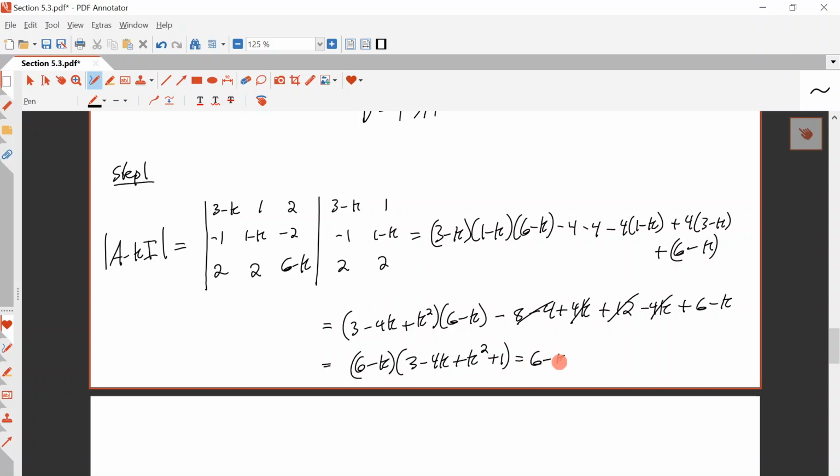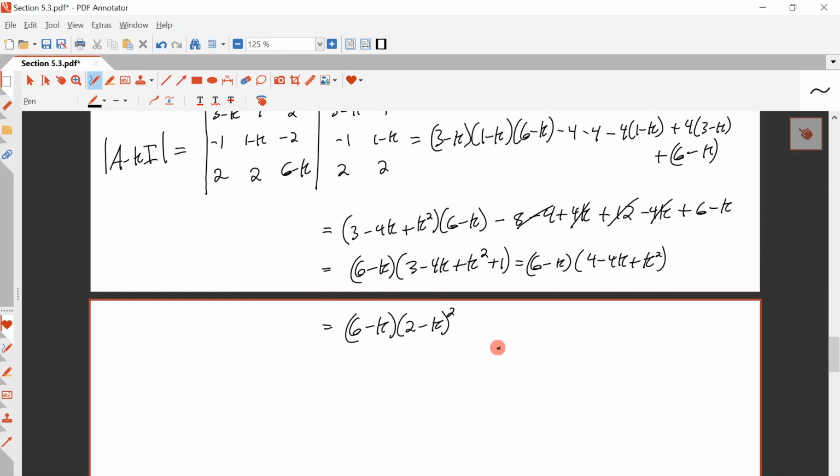So this is 6 minus k times 4 minus 4k plus k squared. So this is equal to 6 minus k and then 2 minus k squared. Yes, this is 2 minus k squared.